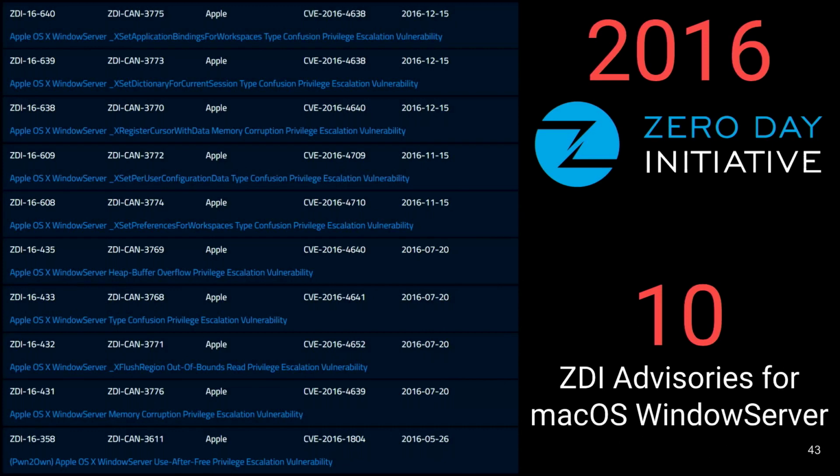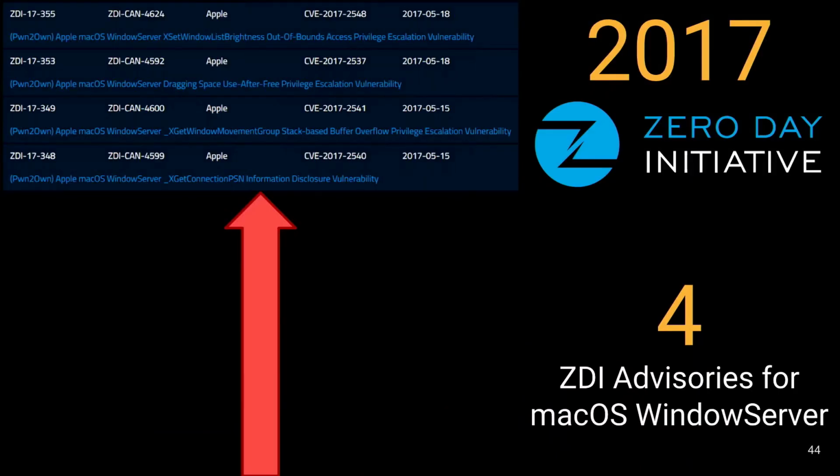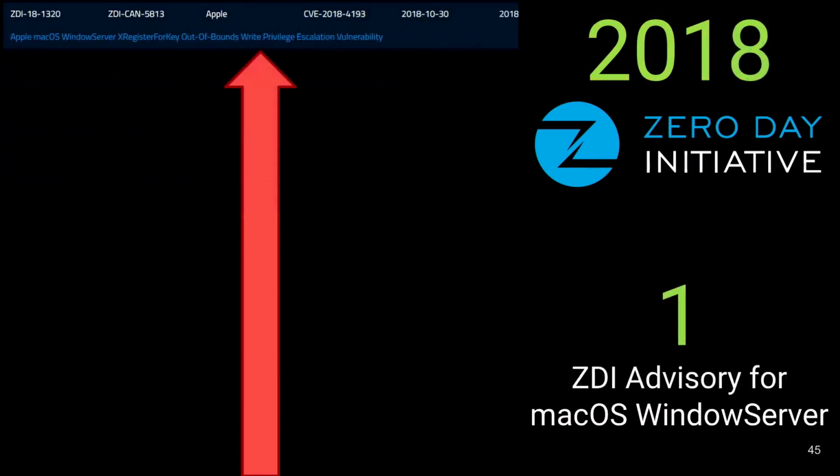In 2016, there were over 10 vulnerabilities reported to ZDI that were used as sandbox escapes or privilege escalation style issues. And these are only vulnerabilities that were reported to ZDI. If you look at 2017, there are 4, all again used for the same purpose. I think all of these were actually probably used at Pwn both years. And then in 2018, there was just 1.